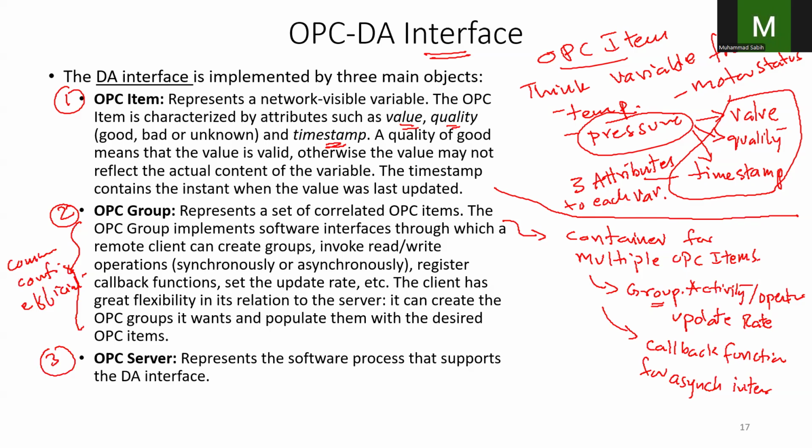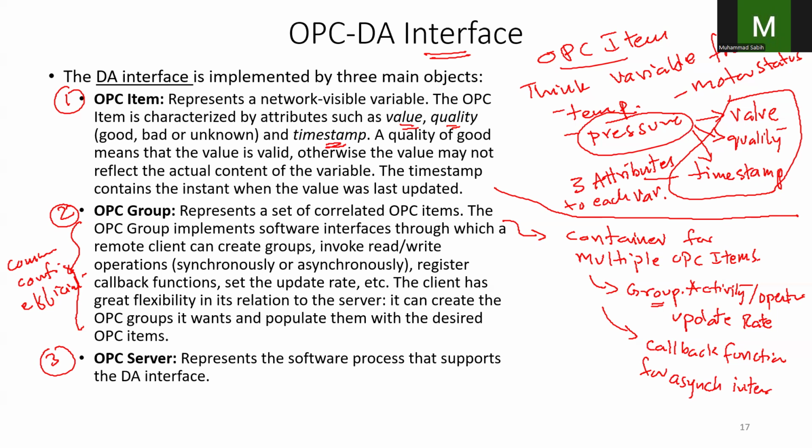Finally, we have the OPC server. The OPC server is basically software running in the background that manages all of this. It allows us to make the items and the groups, makes them available to the OPC clients, and handles the data exchange between the OPC protocols.